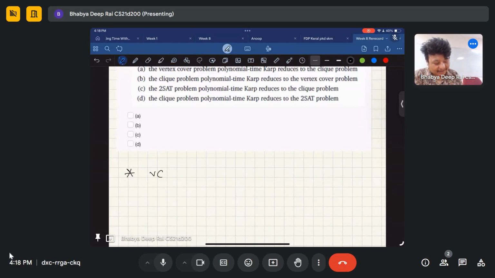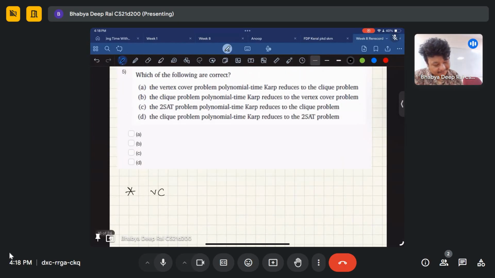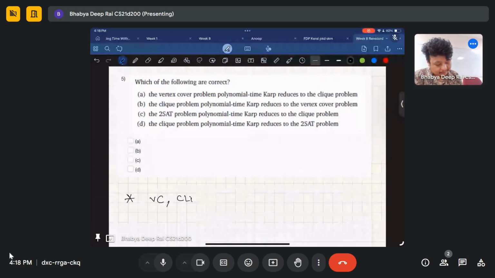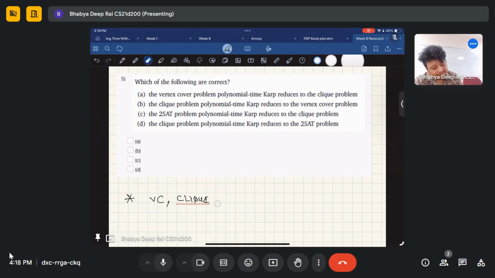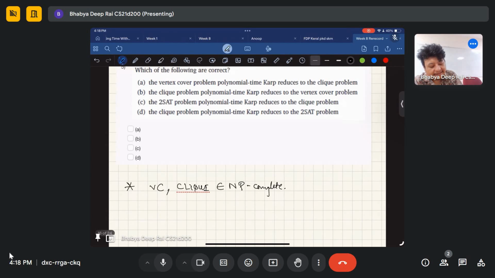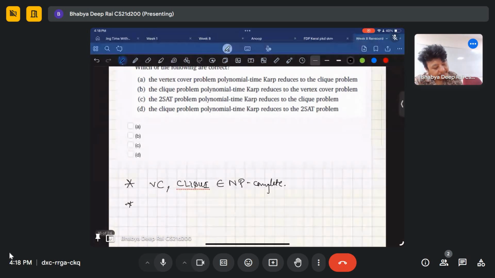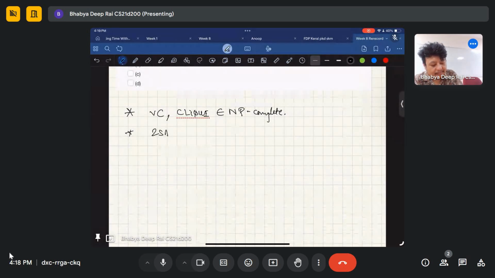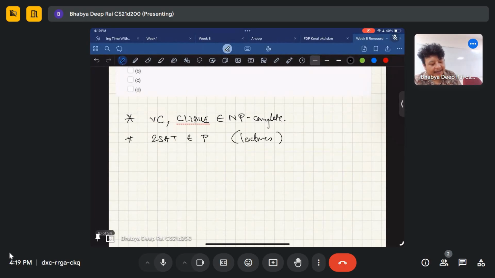It's done in the lectures that vertex cover and clique are NP complete. And 2SAT is in P. It's done in the lectures.